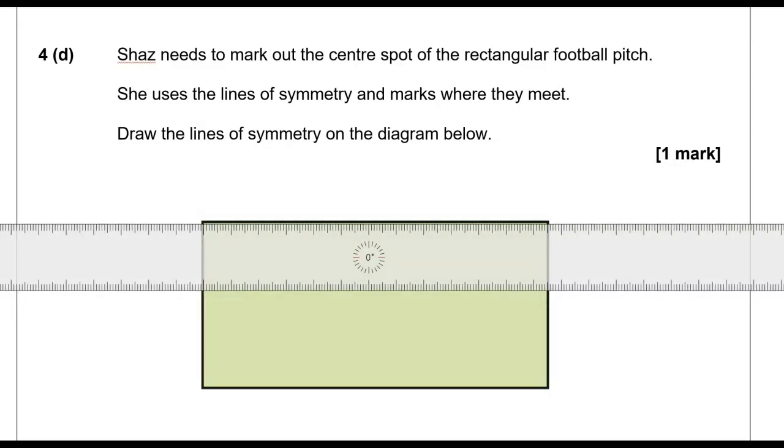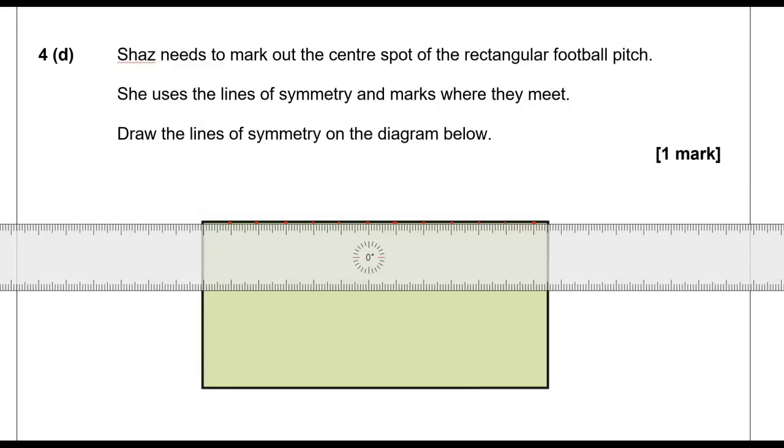So let me just count these as centimeters. So 1, 2, 3, 4, 5, 6, 7, 8, 9, 10, 11, 12 and a half. So I'm going to have to stop at 6 1/4.